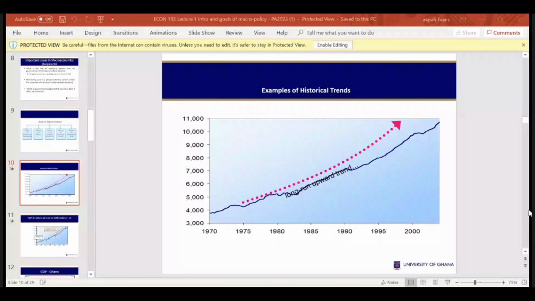So how do we reduce money in circulation? I told you earlier that when we talk about money supply, money demand, or monetary policy, monetary policy is normally about money demand and money supply within the country. And that is within the purview of the central bank. In Ghana it is the Bank of Ghana.